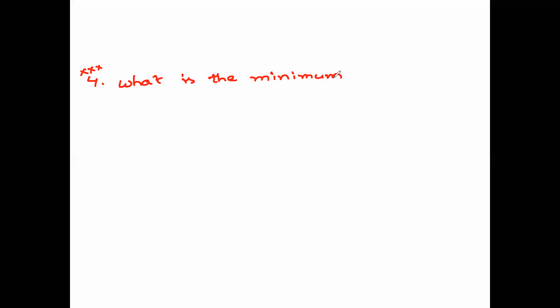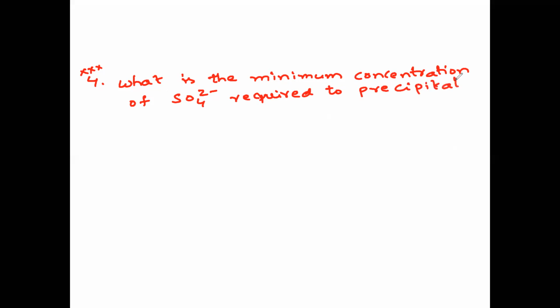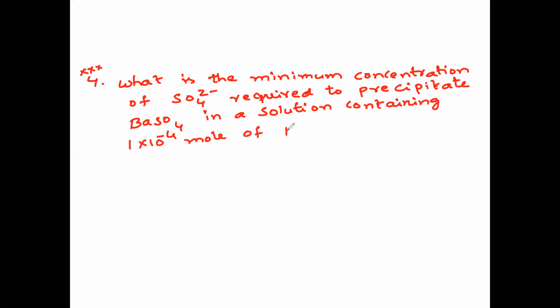What is the minimum concentration of SO4 2 minus required to precipitate barium sulfate in a solution containing 1 into 10 to the power of minus 4 mole of Ba plus 2 ion?